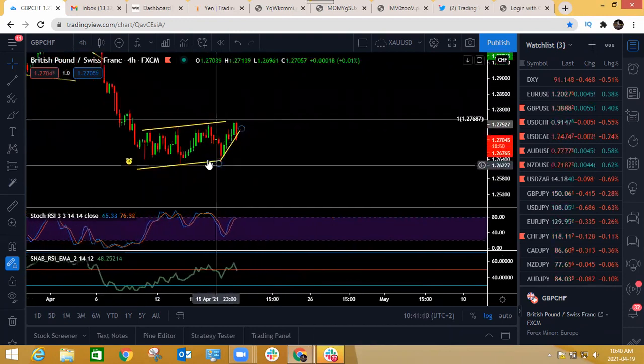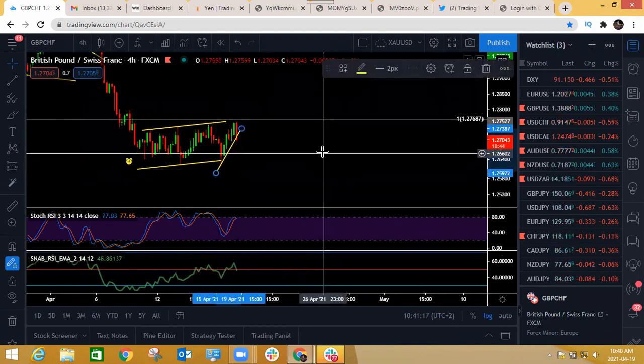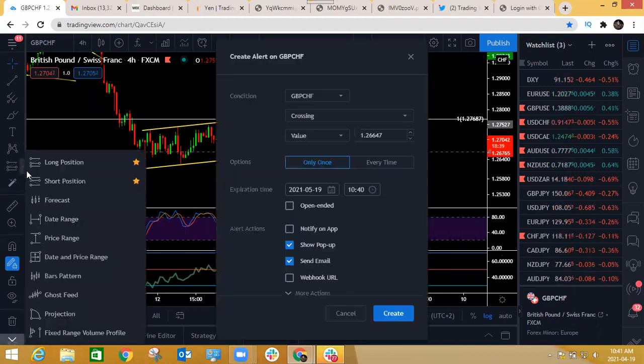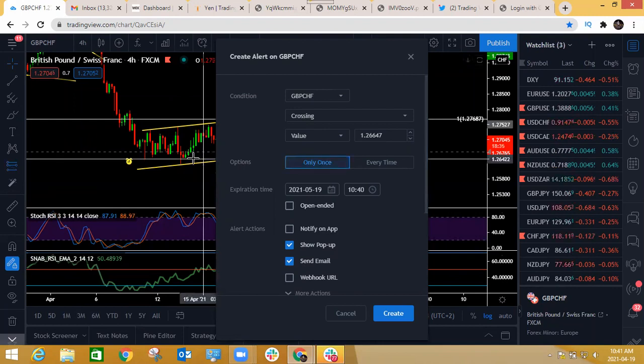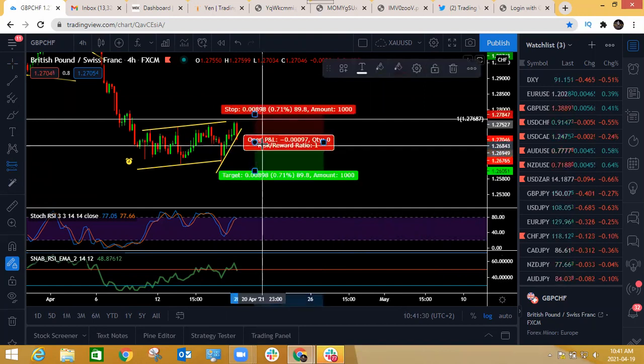So here's the trade setup. As soon as this closes below this flag, that is a trade. This is how we're going to enter. Short position. Entry at the close of the flag.